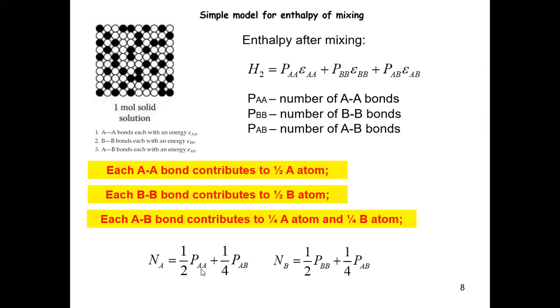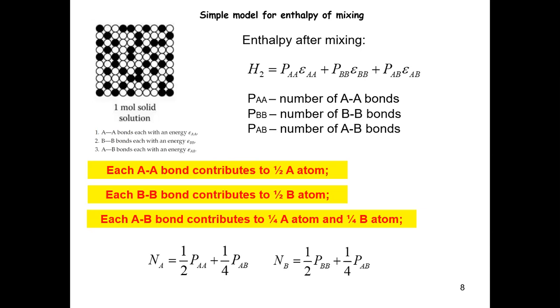Again, this PAA can change, but this 1/2 contribution will be the same, right? And this is the number of AB bonds, and this 1/4 is the contribution of the AB bond to an A atom. So altogether, adding this together, this is going to be the number of A atoms in the system. For the same reason, this is going to be the number of B atoms in the system. Does that make sense to everyone?